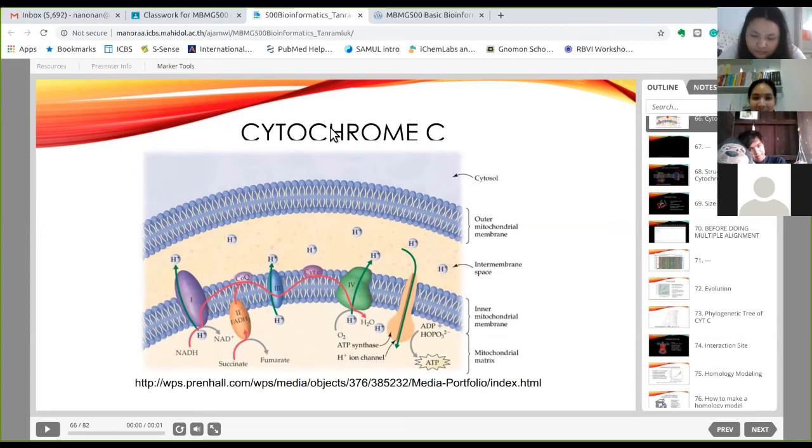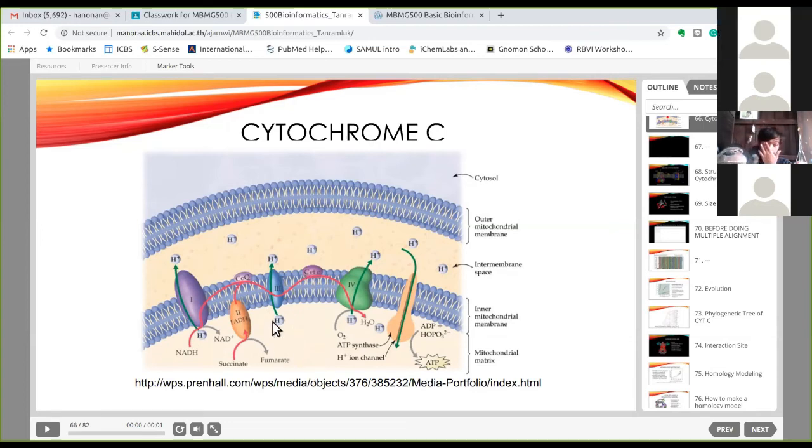Okay, so the case study I use a lot in this class is a protein called cytochrome C. Cytochrome C is an electron shuttle in oxidative phosphorylation. Basically, it is located in the inner mitochondrial membrane.